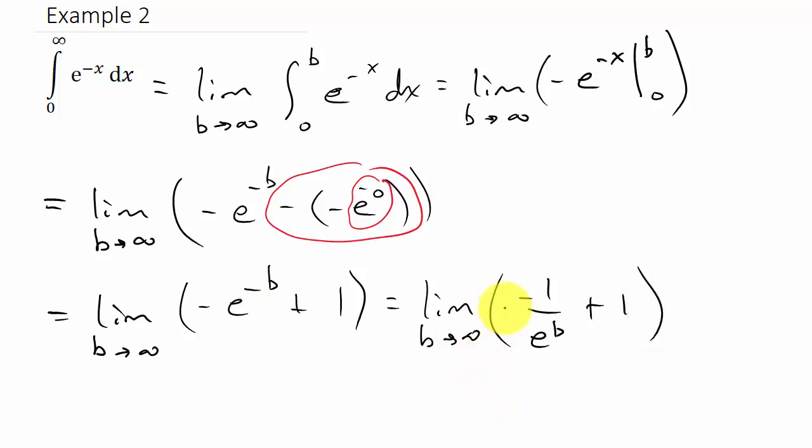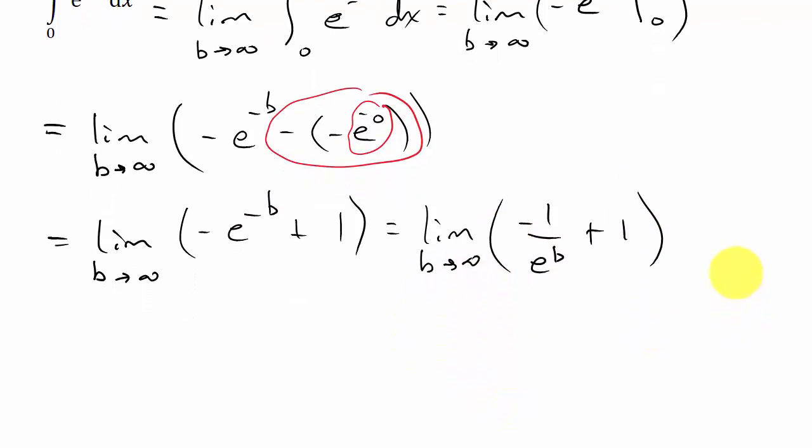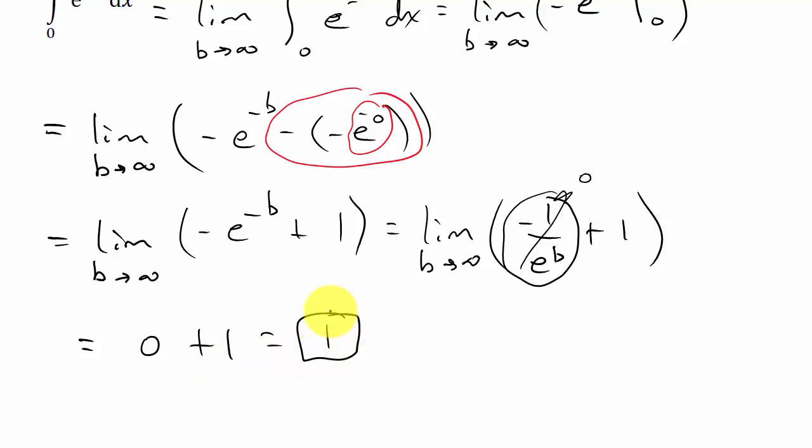If we take this limit, as b gets larger and larger we have e raised to a really big number, so this denominator is going to be really big. If the denominator is really big, this whole fraction goes to 0. So we end up with 0 plus 1, which is 1.